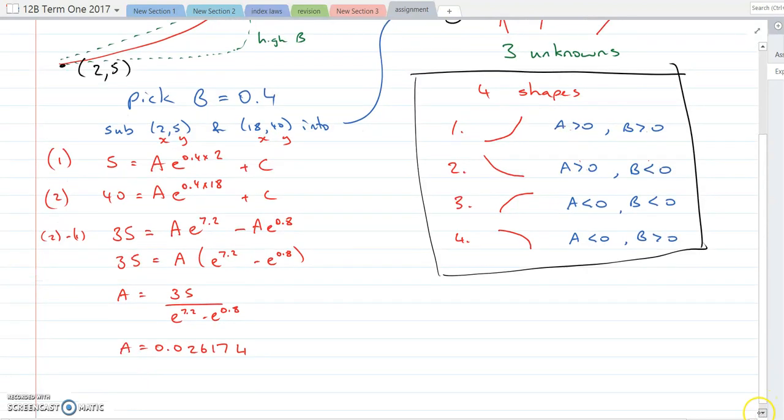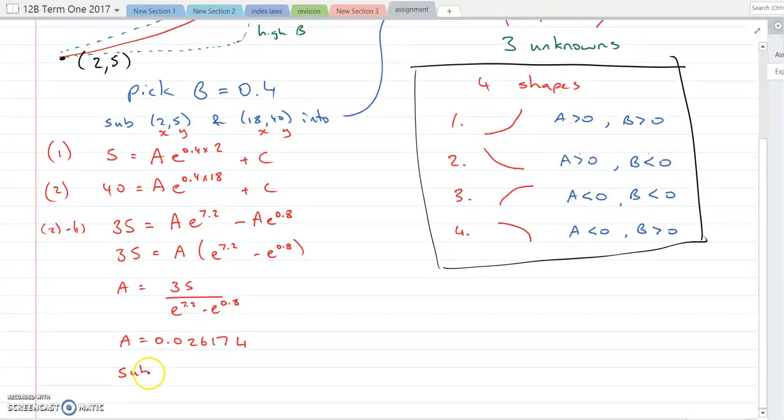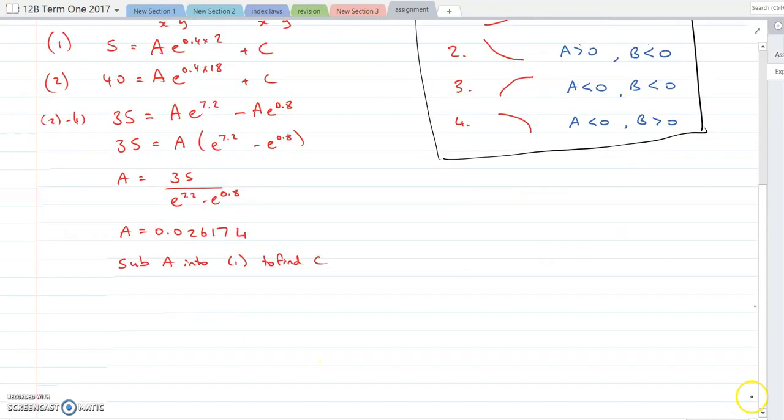Now I can sub a into equation 1 to find c. So 5 equals 0.026174 e to the 0.8 plus c.